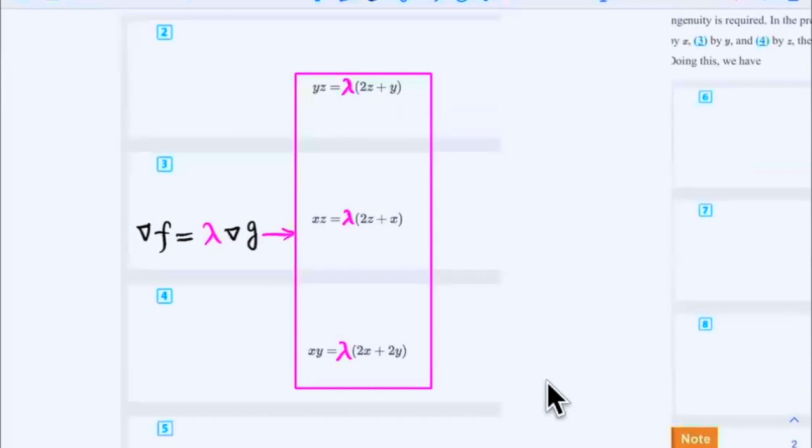How would you like to solve for x, y, and z? There's no very clear guideline for how to solve a system of four equations. One way to do this, can you think of some way to do it? How would you like to solve this system of four equations?